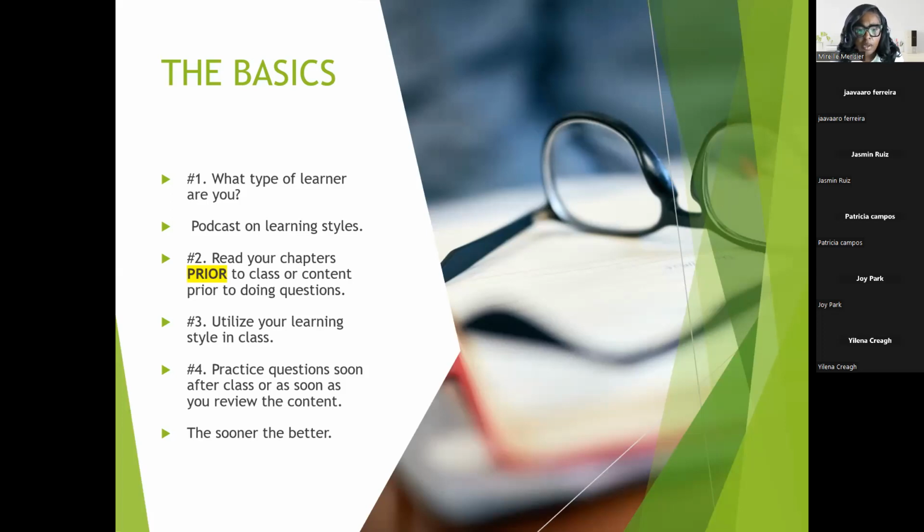In addition to that, you can make sure that you focus on utilizing your learning style in class, okay? If you can go ahead and mute yourself, I'd really appreciate that, okay? So again, making sure that you're comfortable, right? And practicing questions soon after class or after the content is delivered. That's of course going to help with retention and maximizing those particular things, okay?